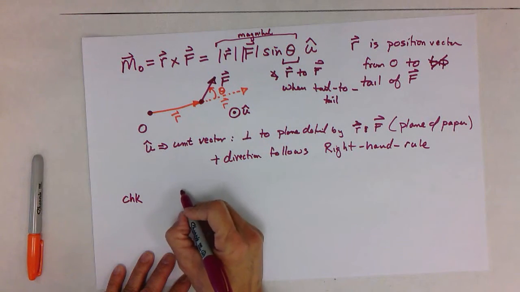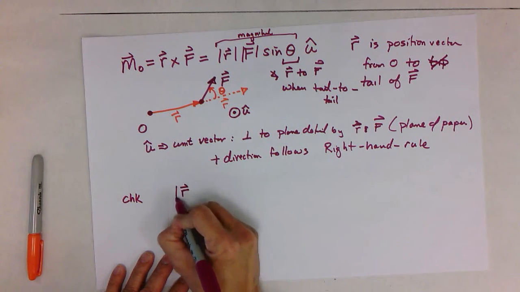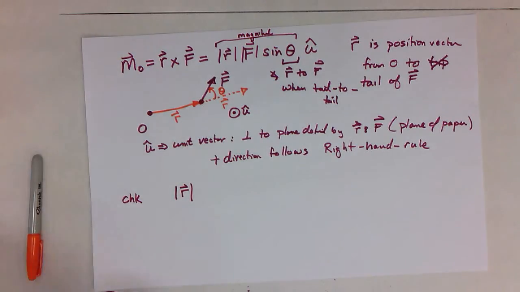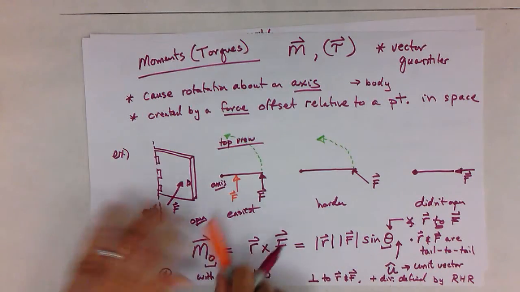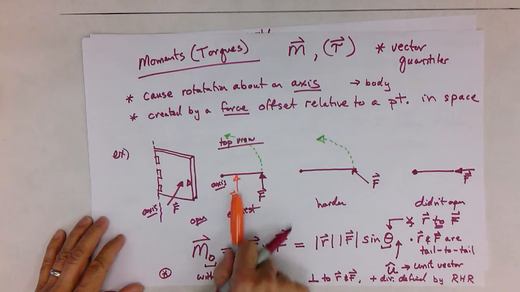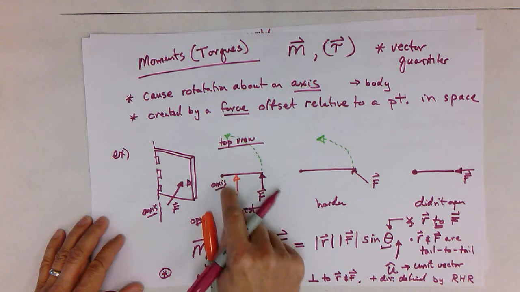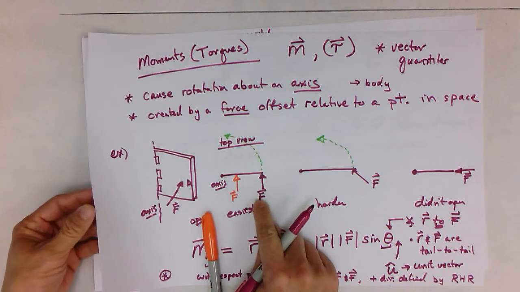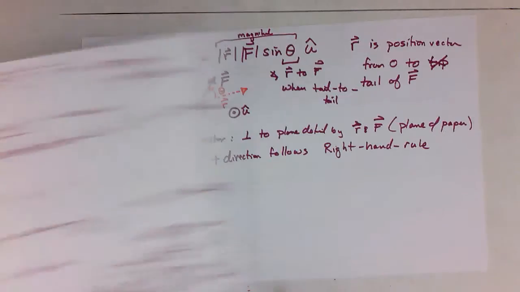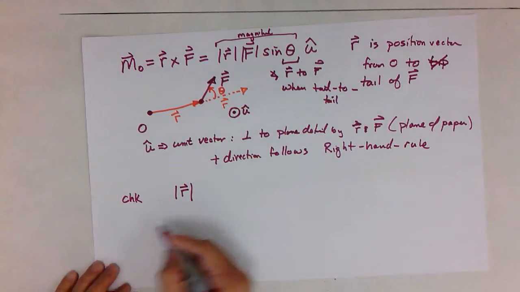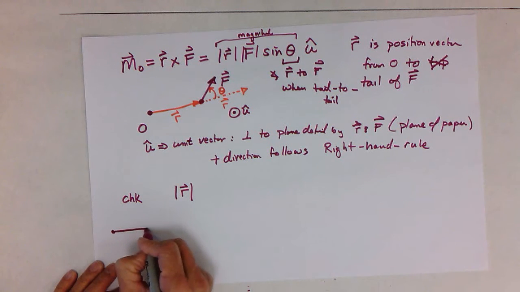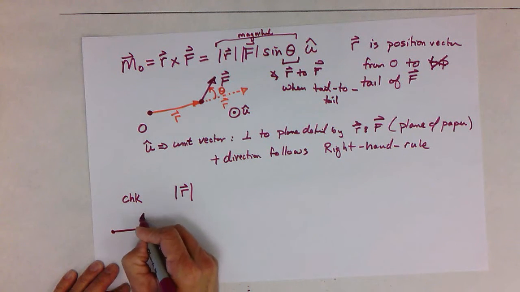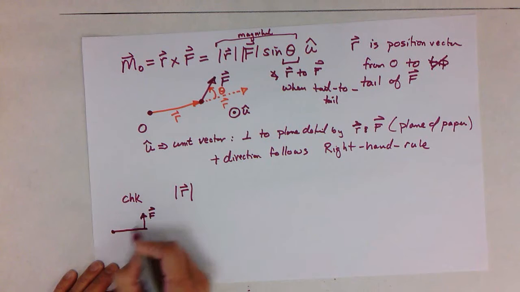So let's check and see if that is the case. As R increases, in this case this distance is R, right? This is the point that we're talking about, moving all the way out to the point of application of F. So let's redraw that. I'm going to draw F going through here, just so I can get the tail a little bit easier.